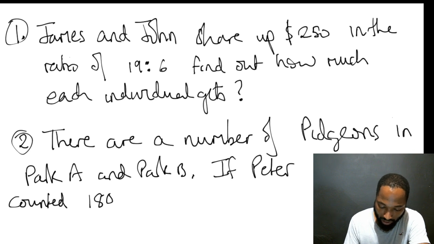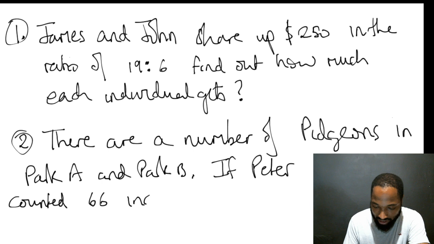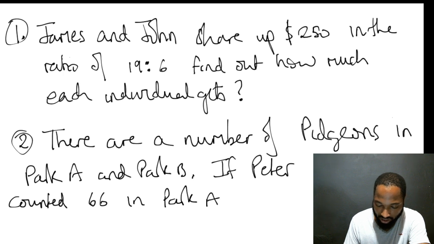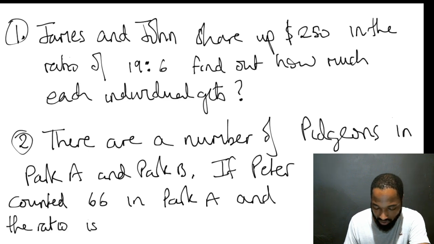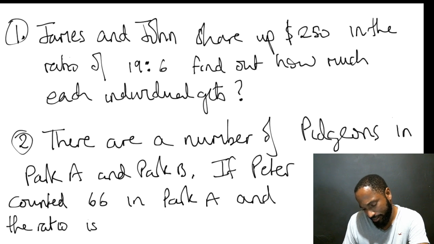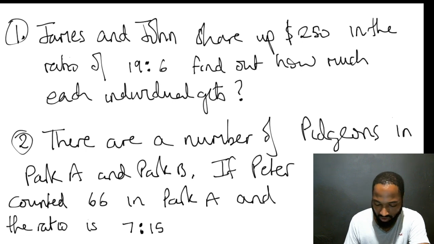Now, but he can't count that amount. Let me make it a little realistic. 66 in Park A and the ratio is 7 to 15.